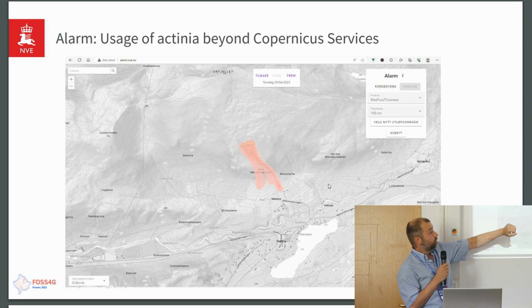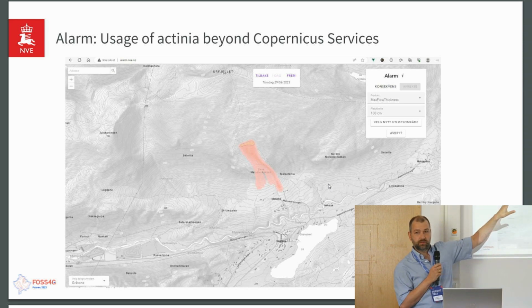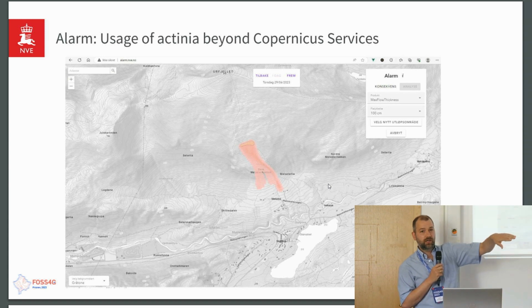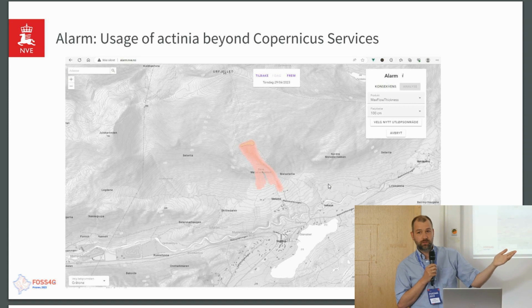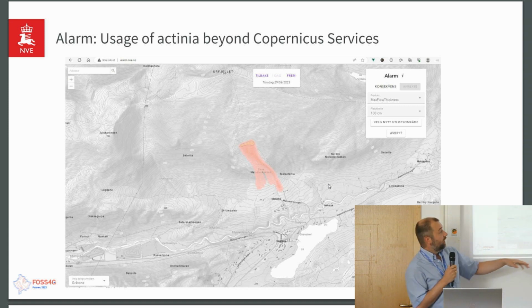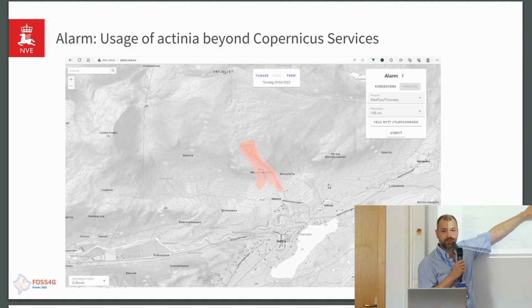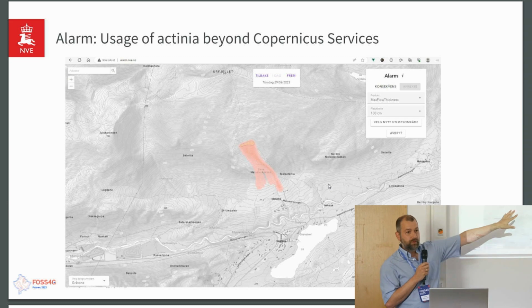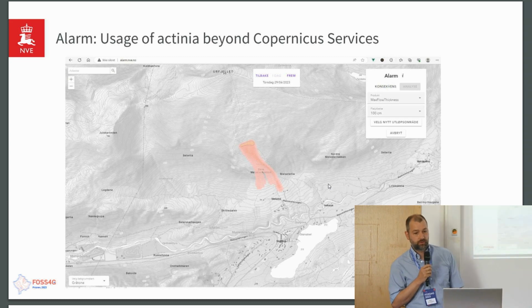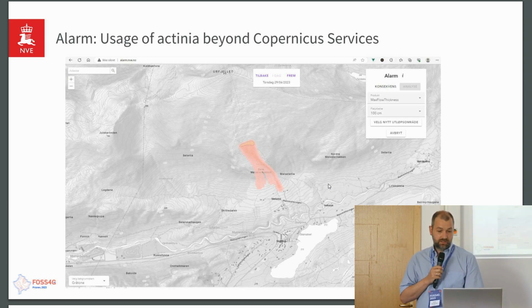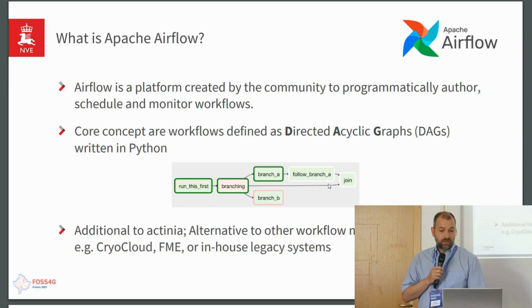And then when the colleague in the field is supposed to assess the risk of that avalanche, that polygon is sent to Actinia, and that runs an AvaFrame model and returns the results. And then the colleague can see, okay, where is it? Can you expect this avalanche to flow out, and are there people at risk from that avalanche site? So that's just a side use of it.